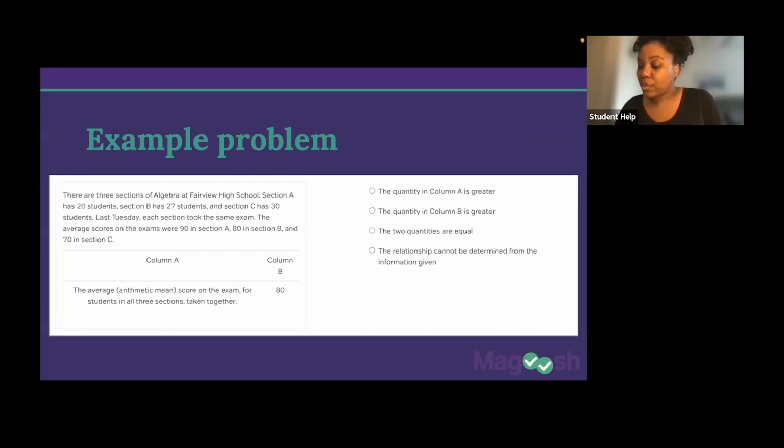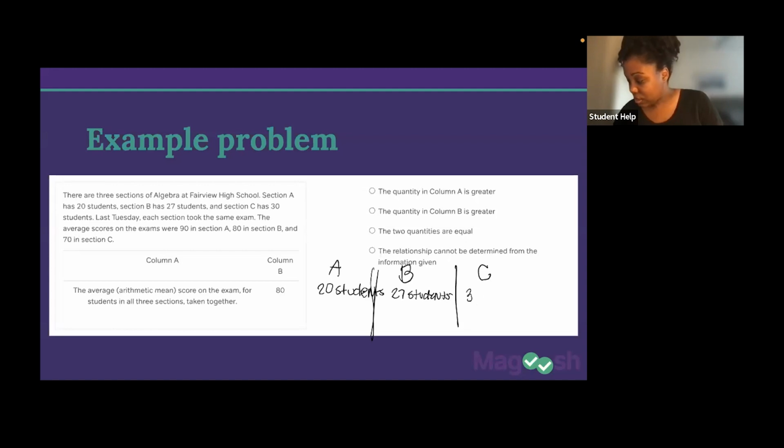All right, so there are 3 sections of algebra at the school. You have section A, section B, and section C. We know that section A has 20 students, B has 27 students, and we're told that C has 30 students.